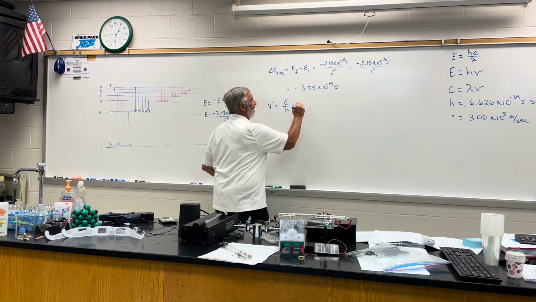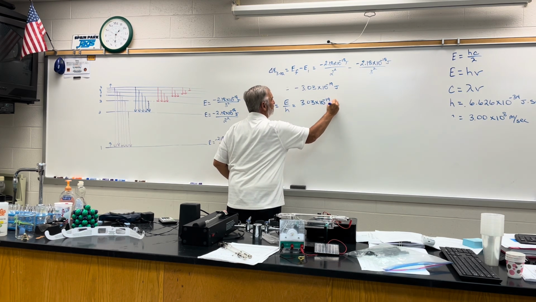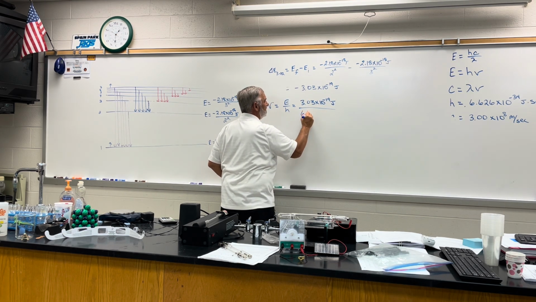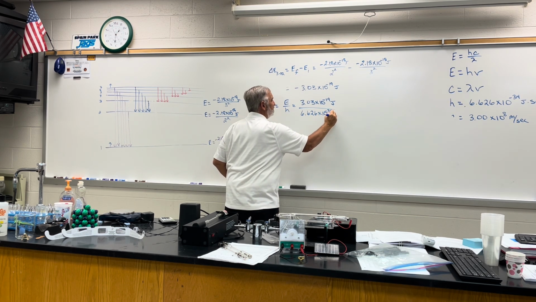So I can drop the negative sign off here. I can simply say 3.03 times 10 to the minus 19th joules divided by 6.626 times 10 to the minus 34th joule seconds.